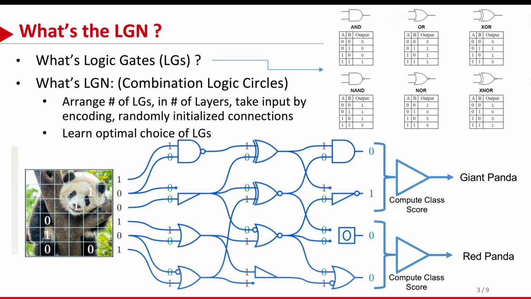This not only improves the performance but also interpretability in neural networks. In this example, we train the logic gate network to classify if the picture is of a giant panda or a red panda. Now my teammate Johnny will explain differentiable logic gate networks.